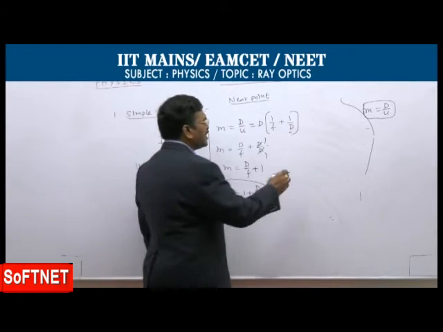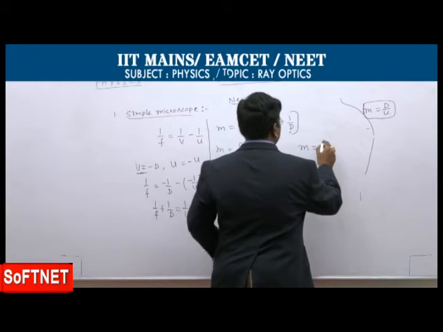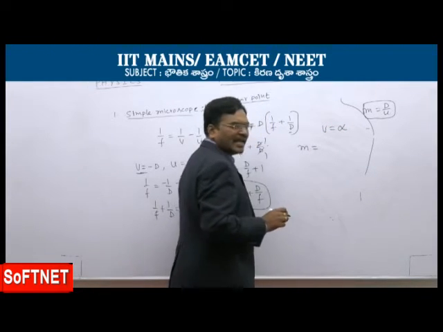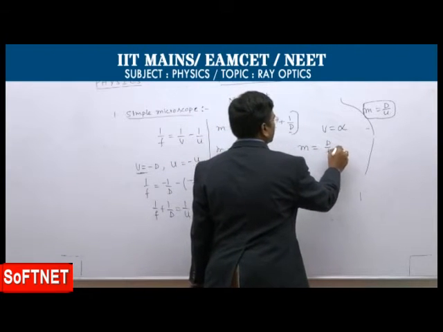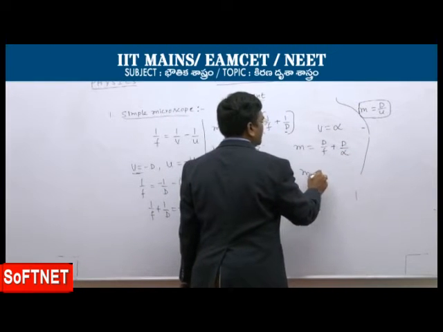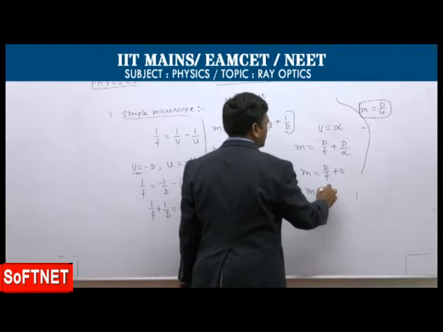So now image forms at far point, v is infinity. On that time what are we getting now? D by f plus d by infinity. D by infinity, how much? 0. Magnification how much? D by f.